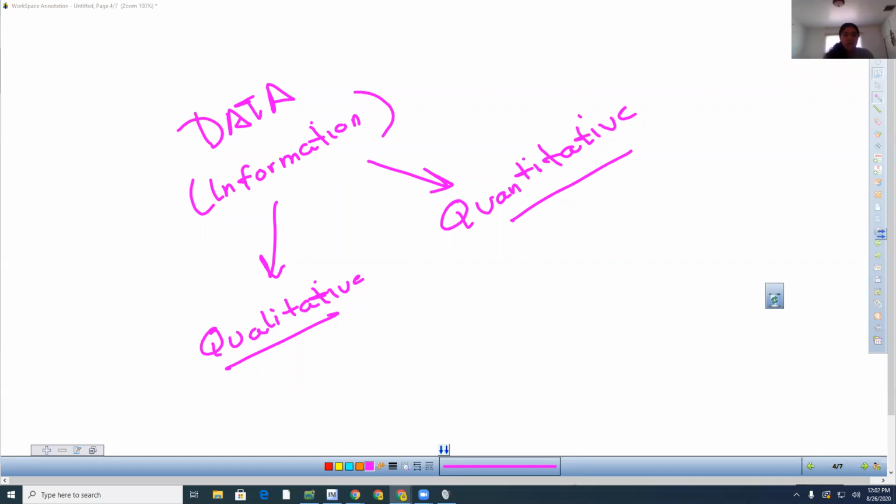Quantitative is like numbers, and qualitative is like the characteristics or description. Very good. So one deals with numbers, and one deals with a description, right? That's what she said.